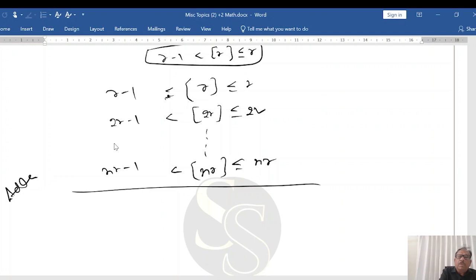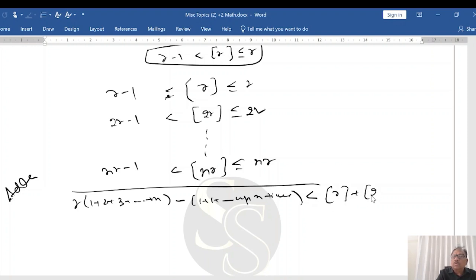Now adding. This will become, r will be taken common, 1 plus 2 plus 3 plus up to n, minus 1 plus 1 plus 1 to n times, greater than r plus 2r plus nr. r taken common, 1 plus 2 plus 3 up to n.